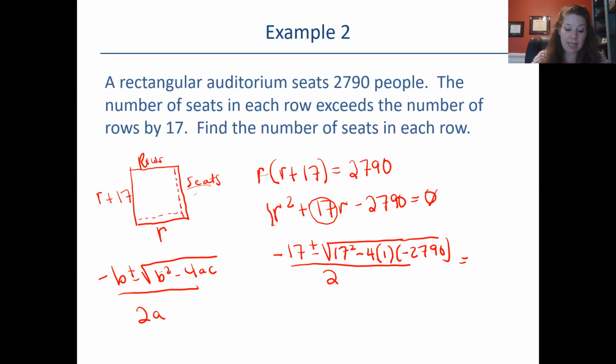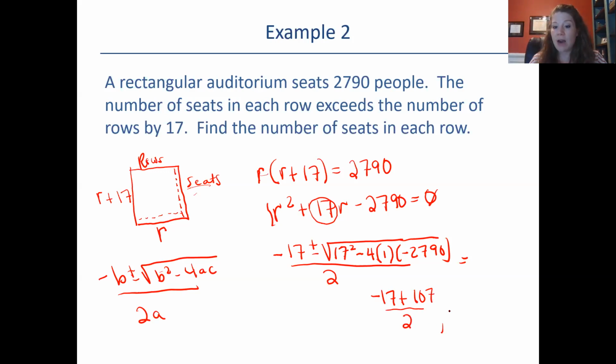Now I'm going to find the square root of that number, and it is 107. Like I said, most of these are going to be perfect squares, because you don't want 5.6 rows. That doesn't make sense. So we have negative 17 plus 107, which is a positive number.